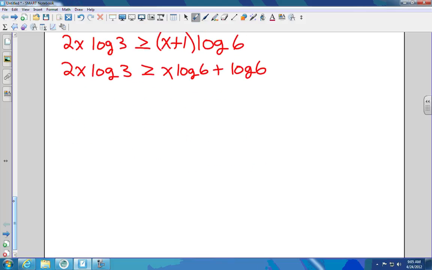And we must move the other x log over. And remember, don't try to type that in your calculator. That's why you have to get the x's out by themselves so that you can type it in your calculator.